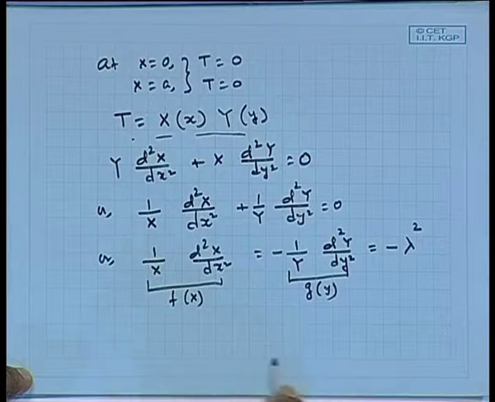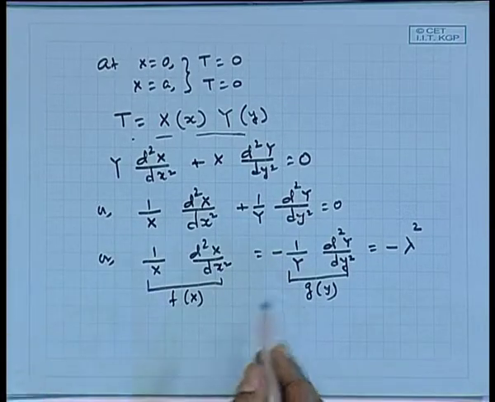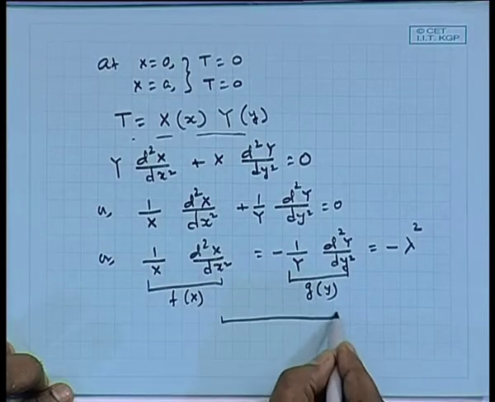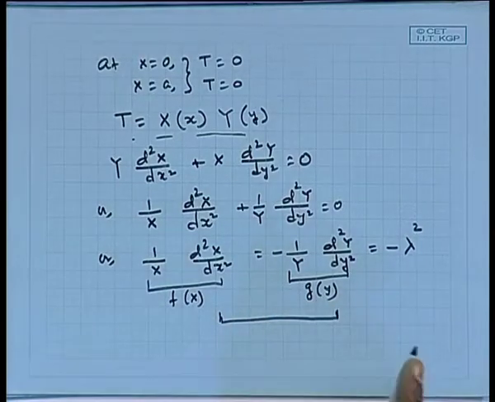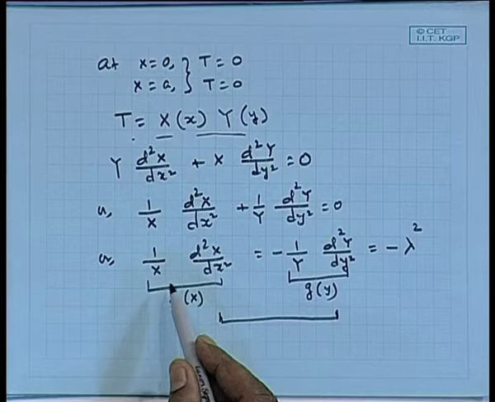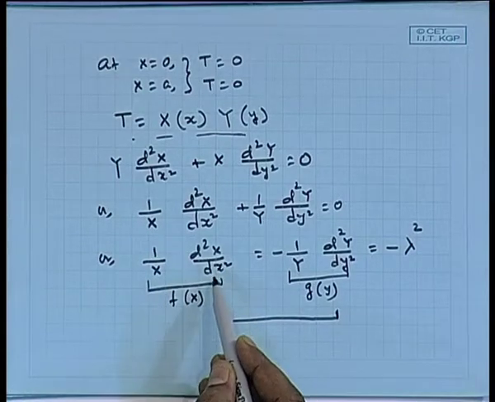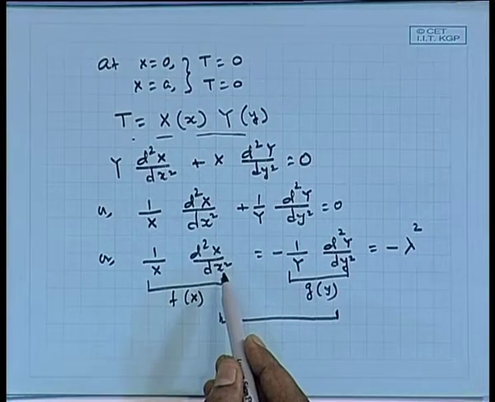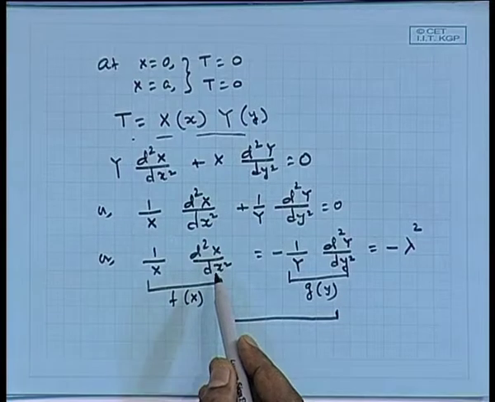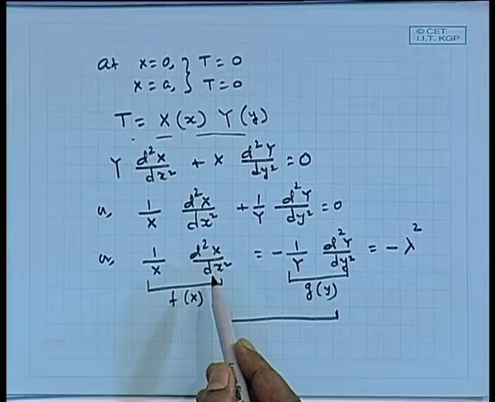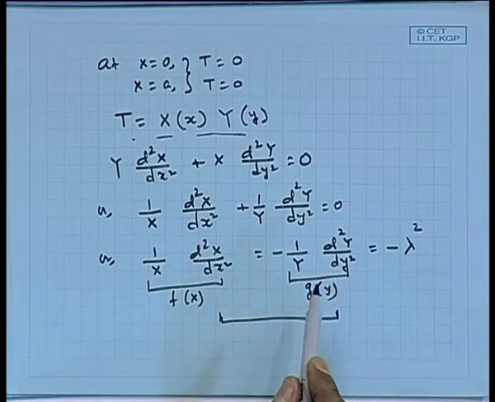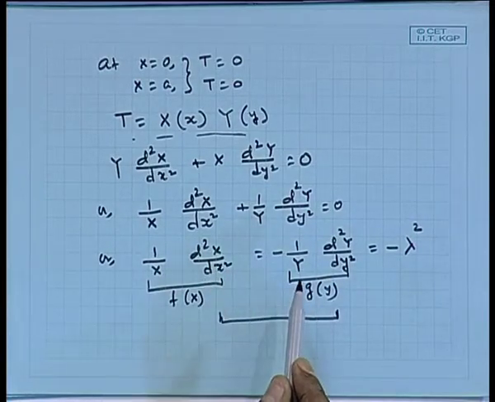Okay. Now, up to this point there is something to point out. Here you will be getting d²X/dx² plus lambda² X is equal to 0 as the equation for the x containing part. Exactly, I am coming to that. Now, it depends.